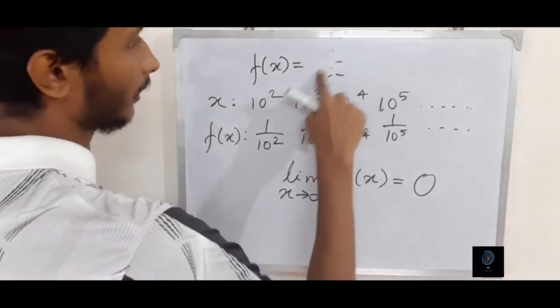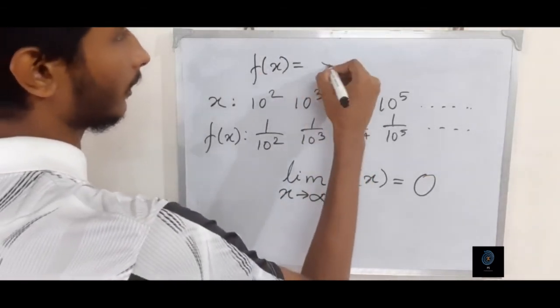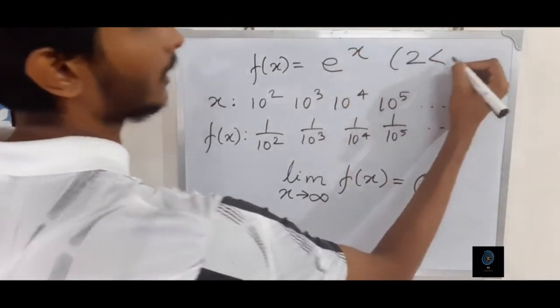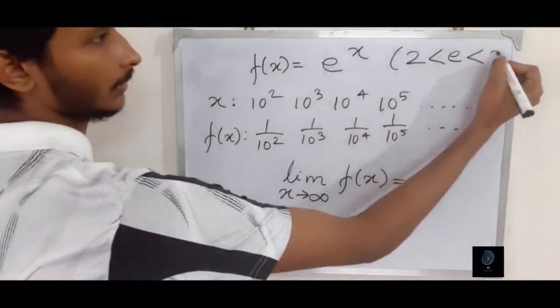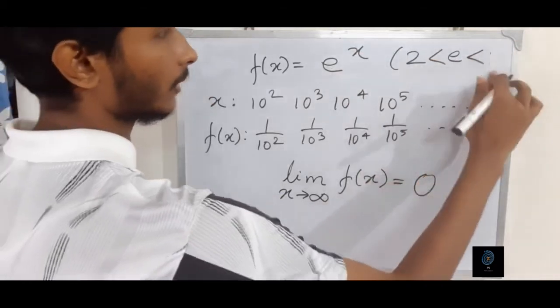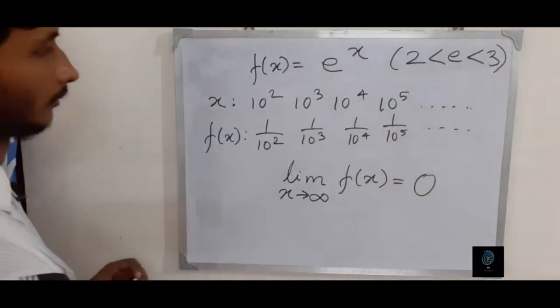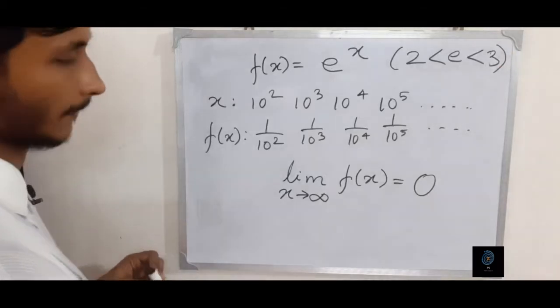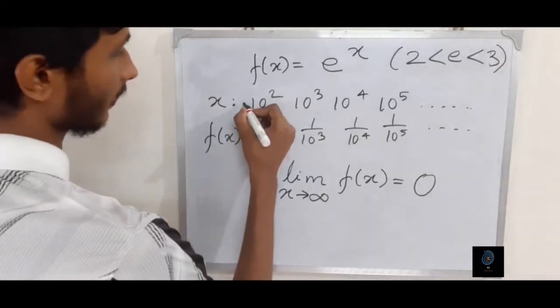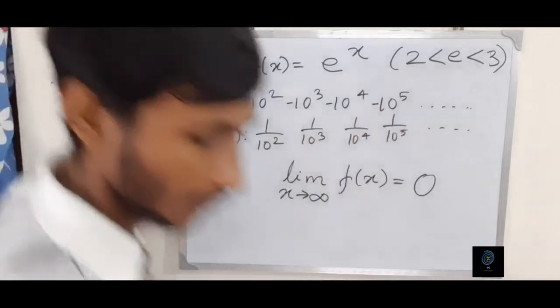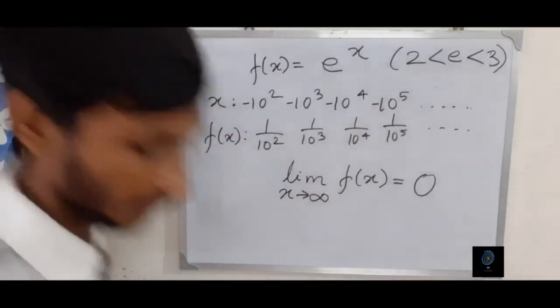We can take another case. Take f(x) equal to e to the power x, where e is Euler's number, a number lying between 2 and 3. Now we take the values of x as -10 square, -10 cube, -10 to the power 4, -10 to the power 5, and so on.